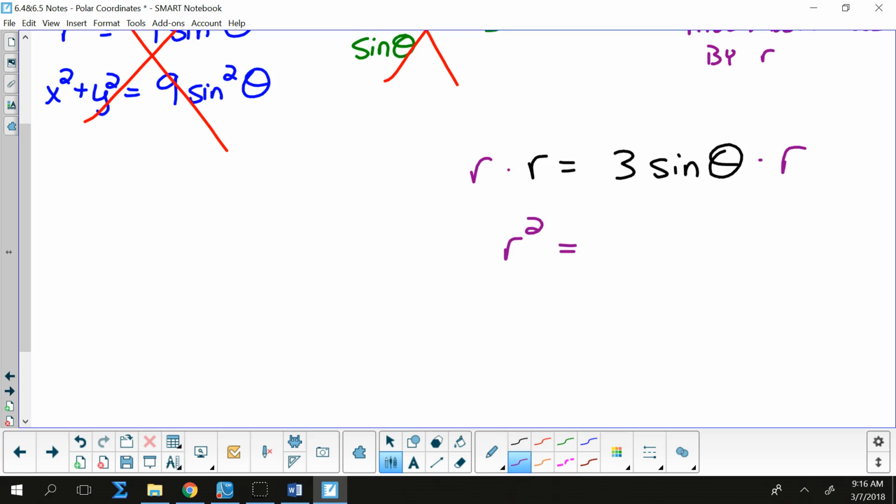On the right side, I get 3r times the sine of theta. Now that helps me out, because r times the sine of theta here, that's y. And r squared here, that's x squared plus y squared.